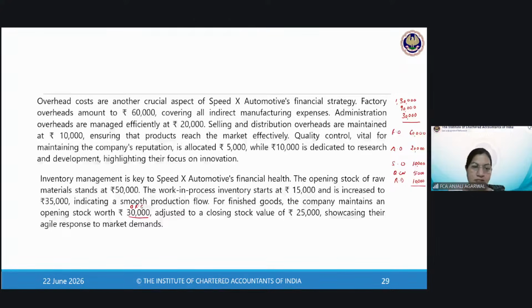Opening finished goods is 30 and closing finished goods is 25. Opening raw material, opening WIP, closing WIP.